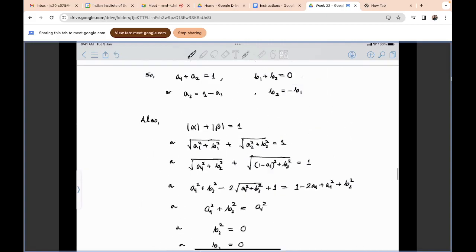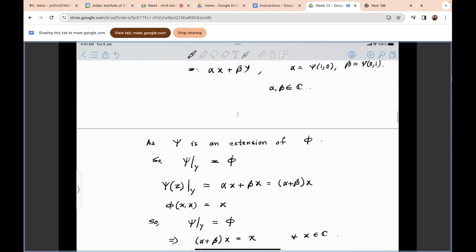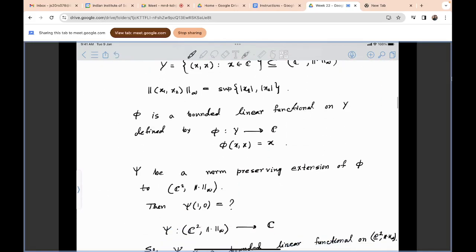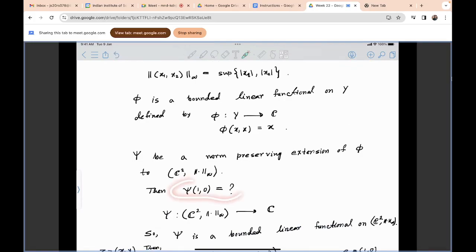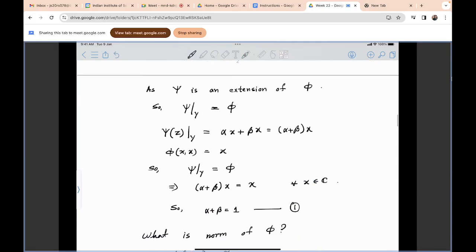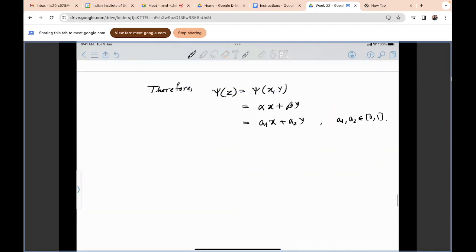Now what we have to find is psi of (1, 0). So what is this? If you put it in, you will get A1 times 1 plus A2 times 0, which is A1. So this belongs to 0 1.